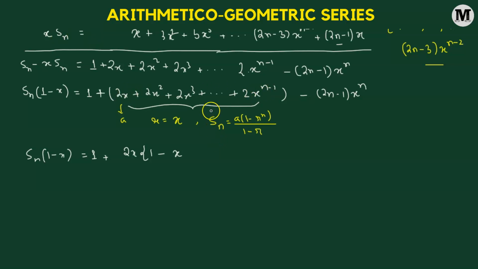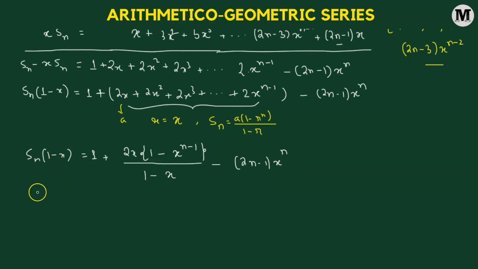So there are not n terms, but there are a total of n minus 1 terms here. So we're going to raise x to the power of n minus 1, because that has to be the number of terms present in the series. Whole divided by 1 minus the common ratio, which is x in our case, minus the remaining term. We have 2n minus 1 times x raised to the power of n.